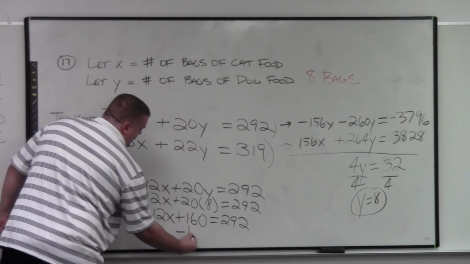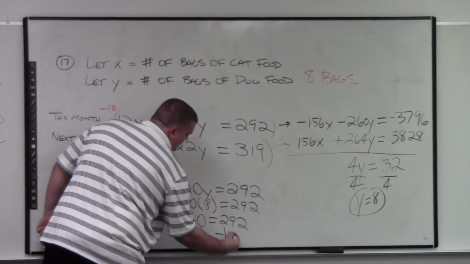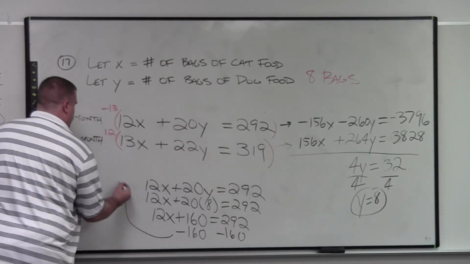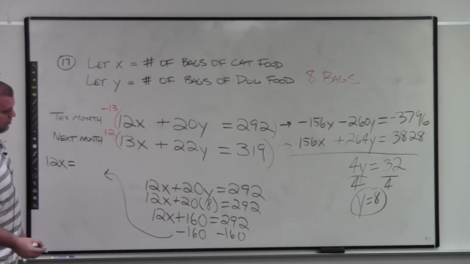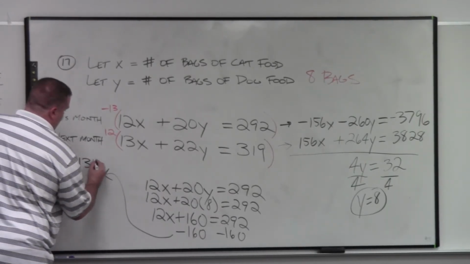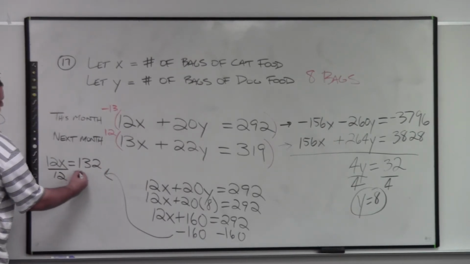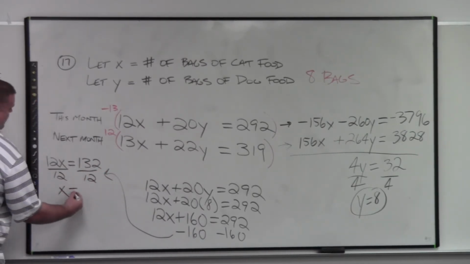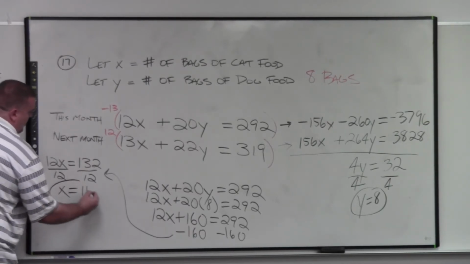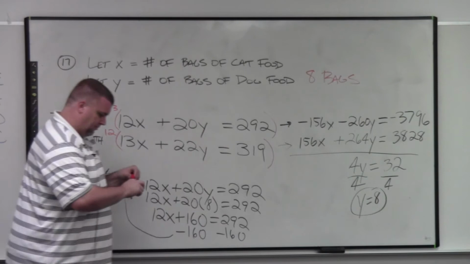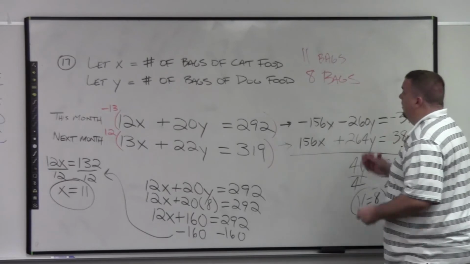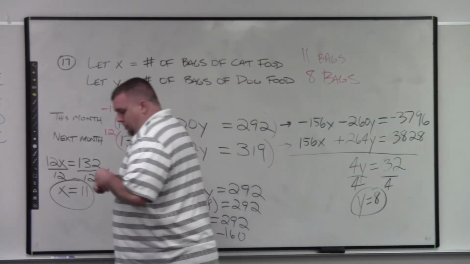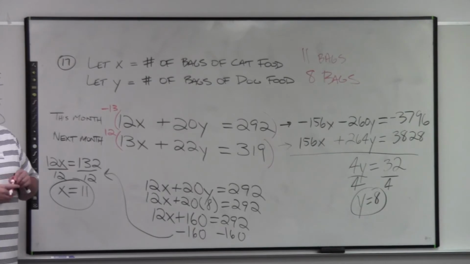If we subtract 160 from both sides, we get 12x equal to 132, and then dividing both sides by 12, we should get 11, right? Yeah. So there's 11. So I know I have 11 bags of cat food. And the question did ask how many bags of cat food are in each order, and that would be letter choice A.